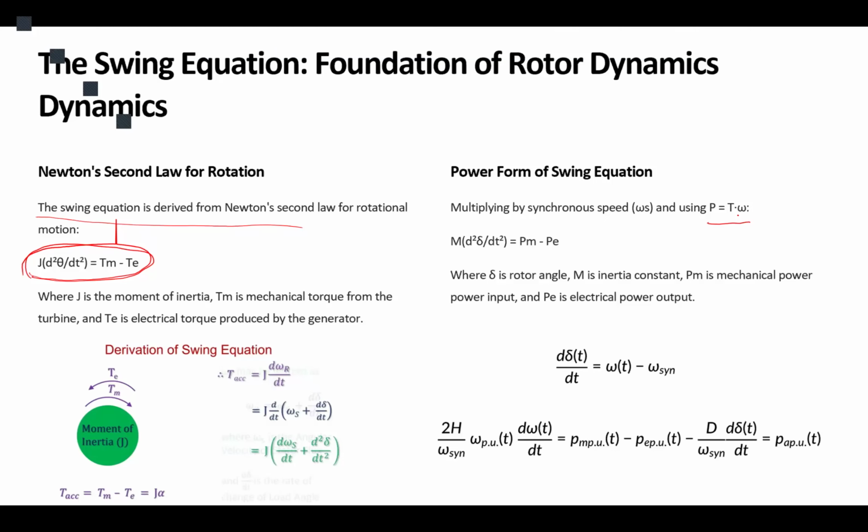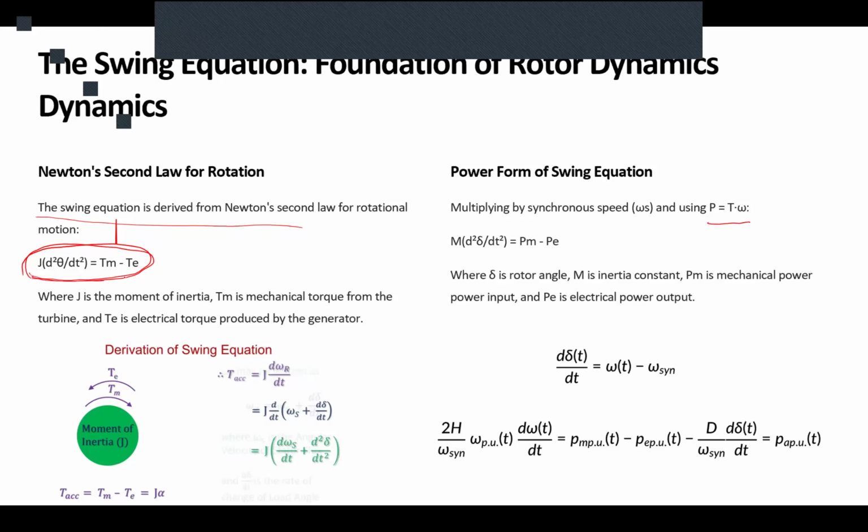Okay, so using that, we could multiply the omega, the frequency, into that differential equation and change it to a new one. That J omega, we call it M. We have that second order differential of delta, and now instead of the torques, we have mechanical power minus electrical power.